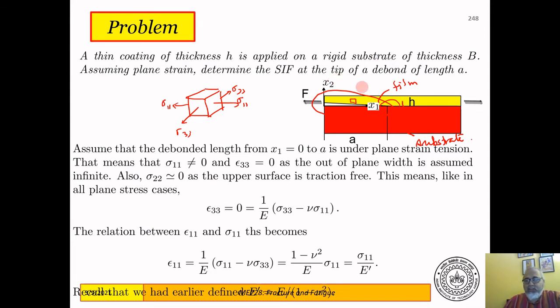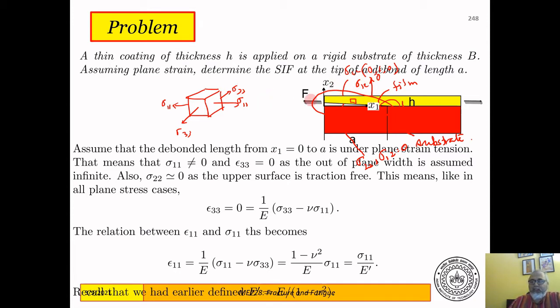That is because here the normal is 0, 1, 0, and this is a traction free surface. So here sigma 2 2, sigma 1 2 are 0. This is also a traction free surface where sigma 2 2, sigma 1 2 are 0. This film is thin, so we can assume that sigma 1 2, sigma 2 2 are 0 all through the thickness of the film. So sigma 2 2 is 0.